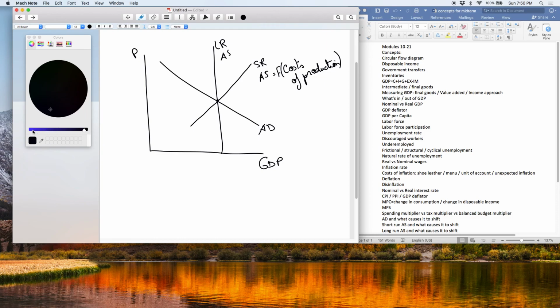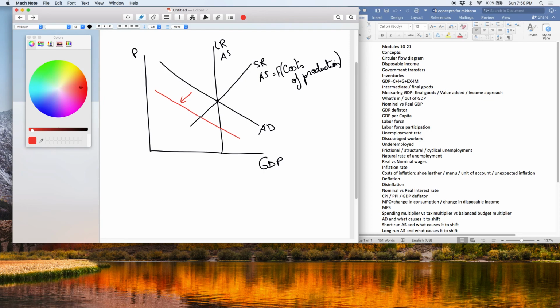All right, so now if you have this kind of situation, let's see what happens. Let's see the different possibilities, okay? One possibility is that aggregate demand shifts to the left. For example, maybe consumption goes down or investment goes down, okay?